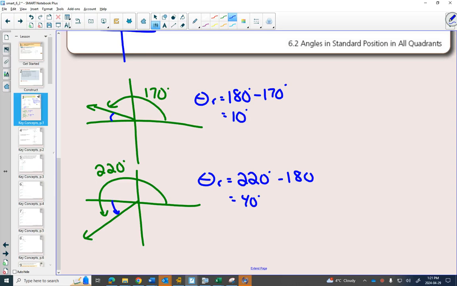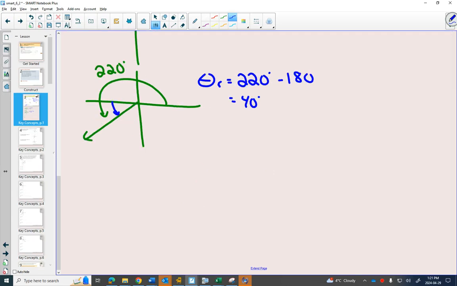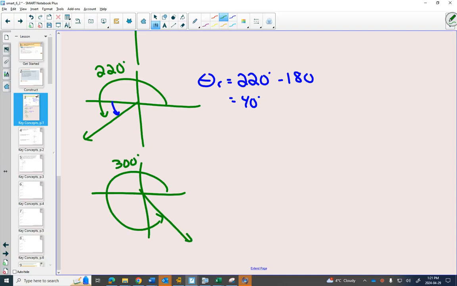And finally, in quadrant 4, if I gave you an angle in quadrant 4 and said, can you find the reference angle for 300 degrees? You're trying to find this angle right there. All the way around the whole circle is 360. So in this case, 360 is too much. How much too much? If I subtract the 300, does it make sense I'd be left with 60 degrees for my reference angle?